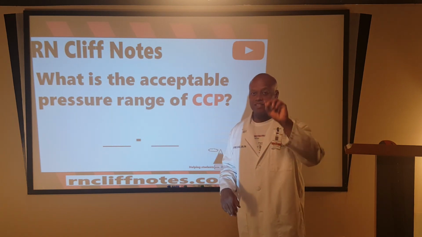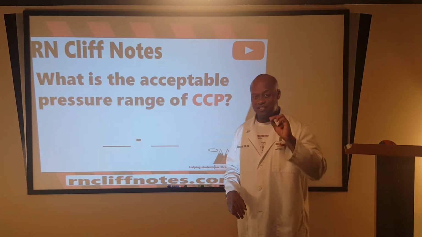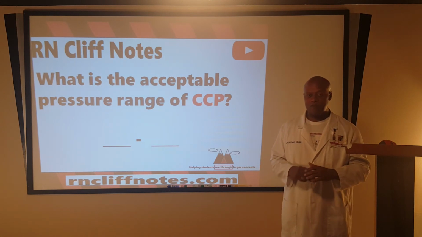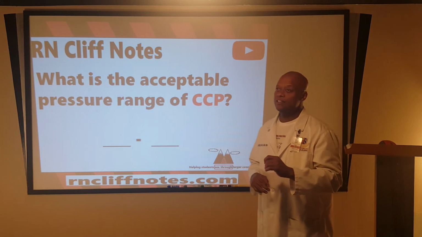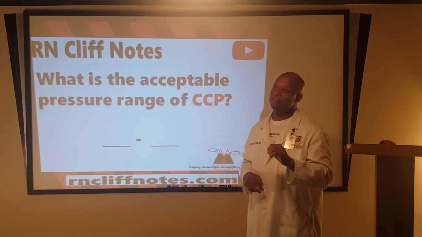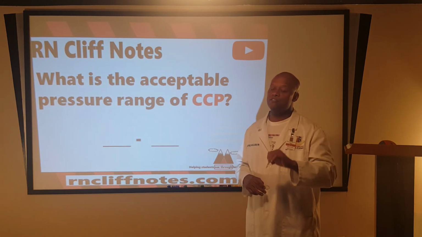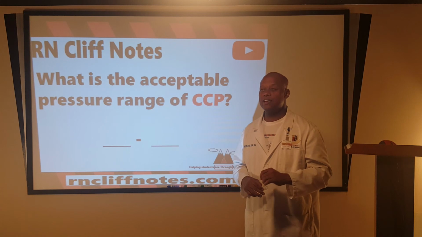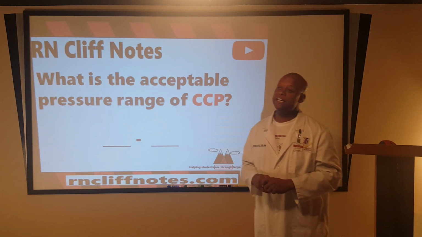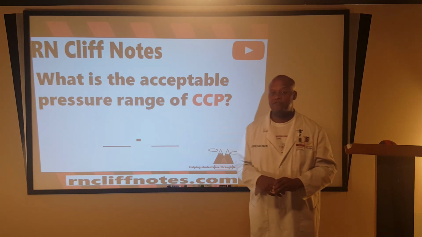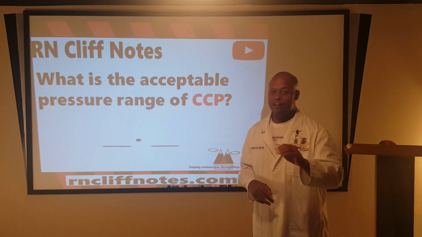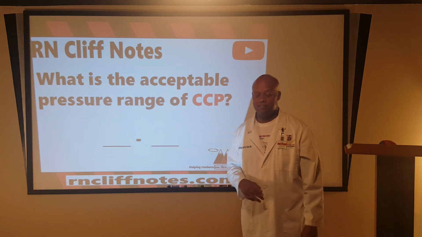But here, your turn. Let's see you do it. I want you to take an ICP of 20, and let's say that the patient's mean arterial pressure was 115. Calculate the CPP.